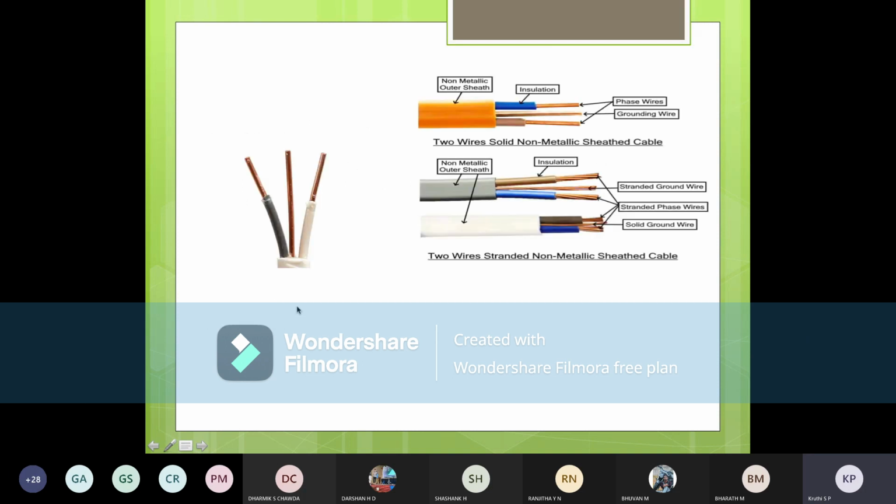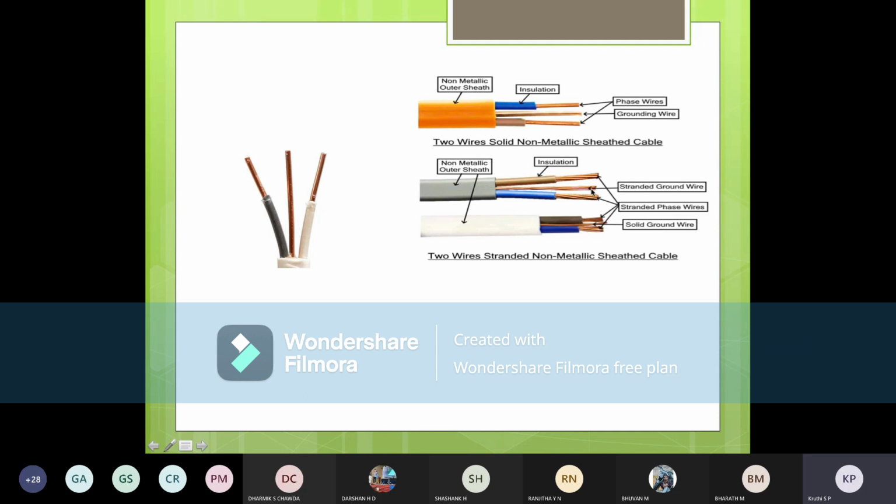Let us see the picture of this. This is the non-metallic sheeted cable. This is for solid wire, and this is for stranded wire. As you can see, there is a non-metallic outer sheet, which means it is a plastic kind. Insulated wire is inserted in that, and it is given for the connection.